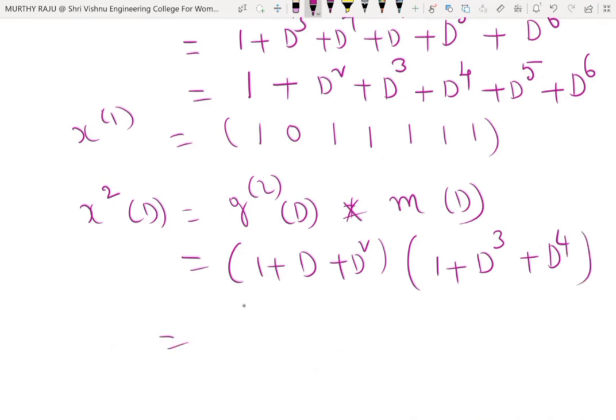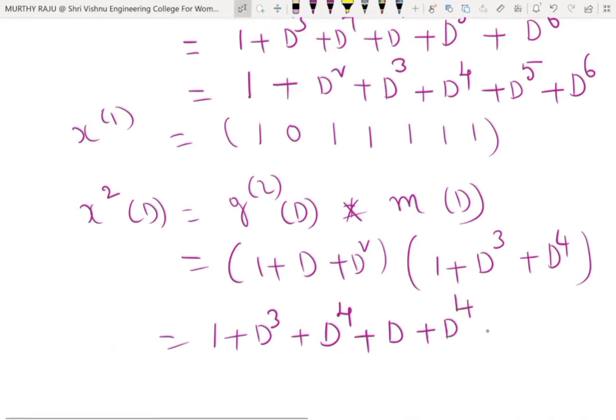Multiply. 1 is multiplied with 3 terms: 1 plus d cube plus d power 4. The d is multiplied with 3 terms: d plus d power 4 plus d power 5. d square is multiplied: d square plus d power 5 plus d power 6.